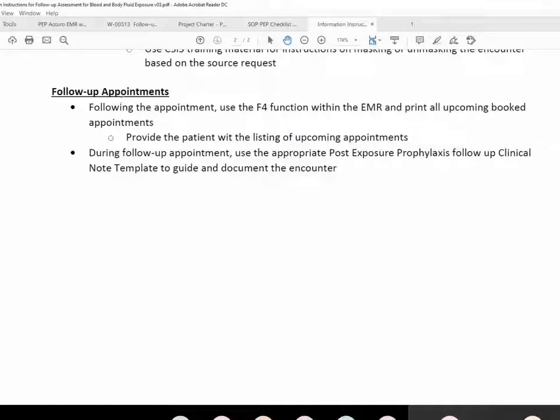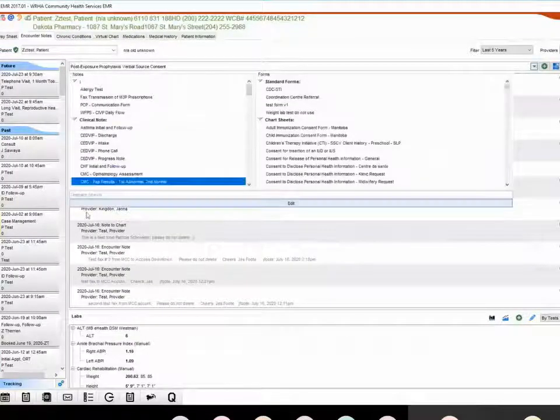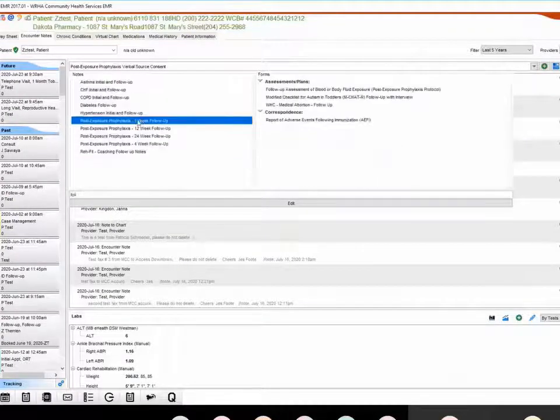And then one final piece that I'd like to go over is the Akiro follow-up clinical note templates. In the patient encounter note section, there will be post-exposure follow-up clinical note templates.